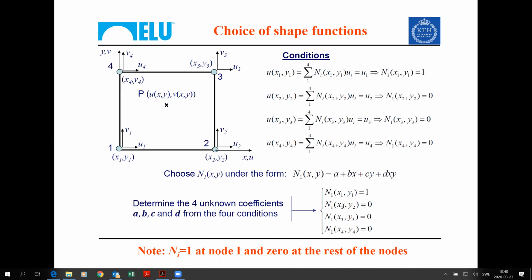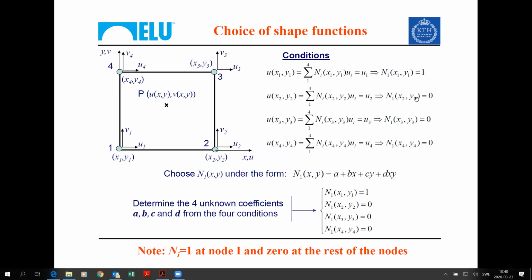Okay, what happens with the value of n1 at the other nodes, at node 2, at node 3, and at node 4? It should be equal to 0. Simply because the displacement at node 2, say u of x2 and y2, should be equal to u2, so no u1.